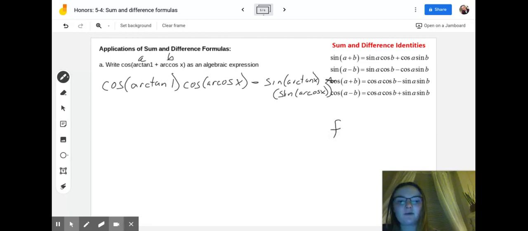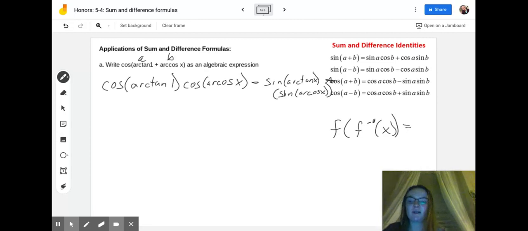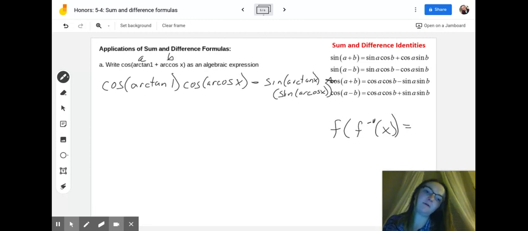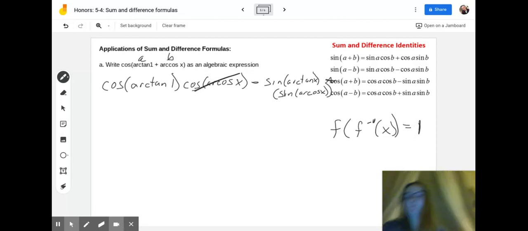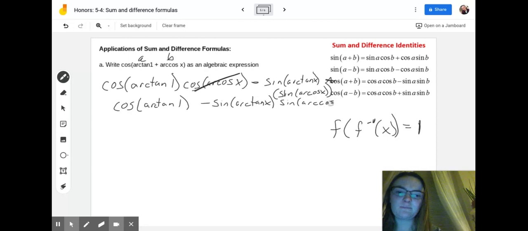If I think about what cosine of the arc cosine is, I should be thinking about the properties of inverses. Cosine and arc cosine are inverses. If I take f composed with its inverse, f inverse of x, the property of inverses is that the composite of the original function and its inverse always equals x, so this cancels. So really what I'm left with here is just cosine of the arctangent of 1 minus sine of the arctangent of x times sine of the arc cosine of x.